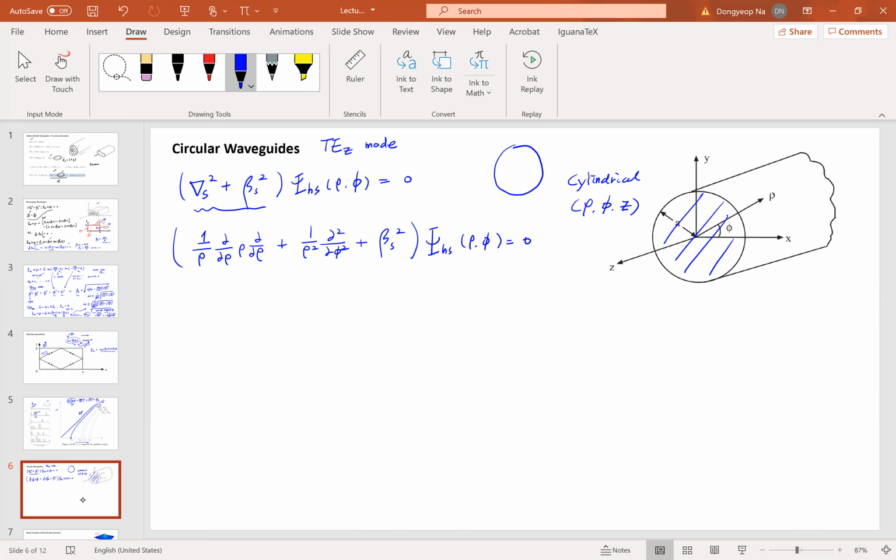So in our previous study, the Cartesian coordinate, the general solution of this field was trigonometric functions, cosine and sine functions. But in this cylindrical coordinate, do you have any idea of the general solution of this cylindrical partial differential equation?